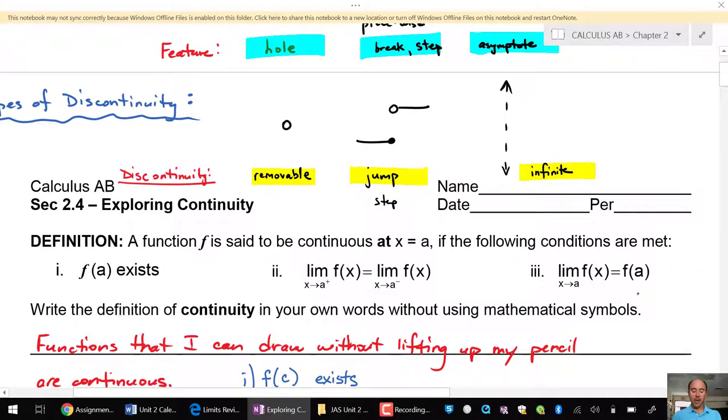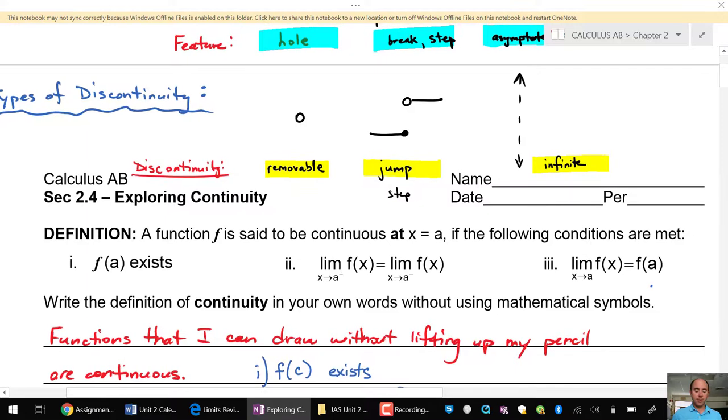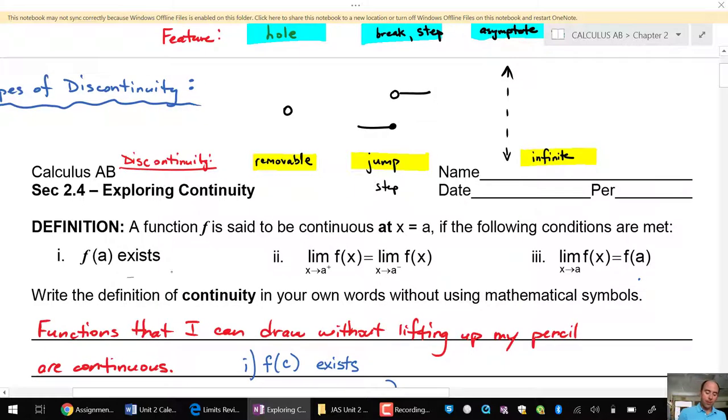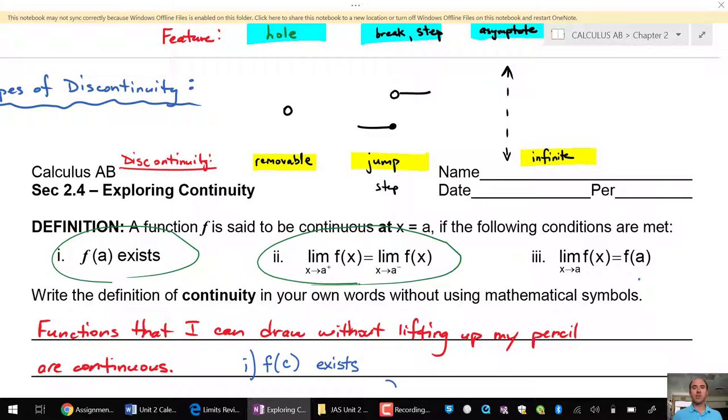So on this paper here, we're going to look at the formal definition of what it means for a function to be continuous at a point. We'll just call it x equals a. These three conditions must be met. All three criteria have to hold in order for this function to be continuous. The first one is we have to make sure that the function value f of a exists. The second one is that the limit from the left and the limit from the right as we approach a also exist and that they match, which implies that the limit overall as x approaches a exists.